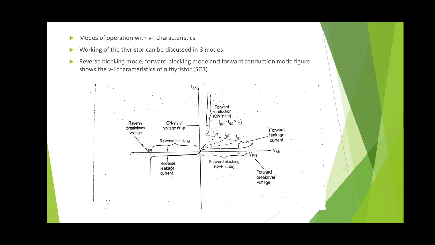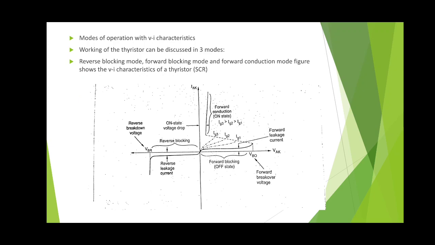Now let us go with the next question, where we are going to understand the VI characteristics of the SCR. So the figure shows the VI characteristics of the SCR, which is plotted between anode cathode voltage and anode cathode current.